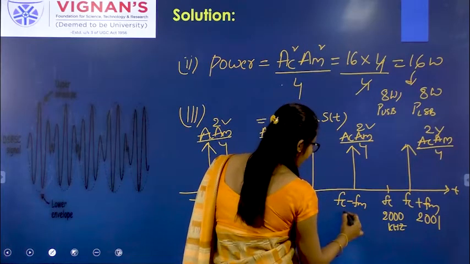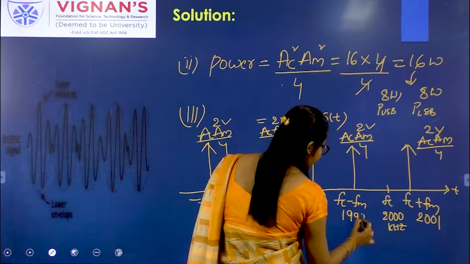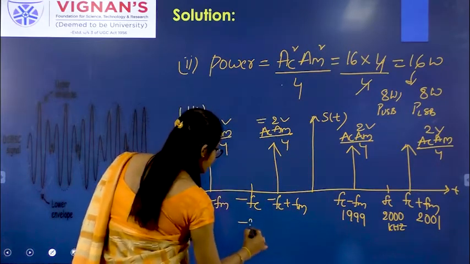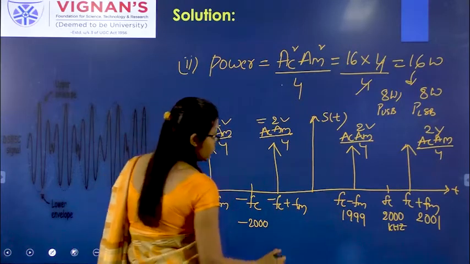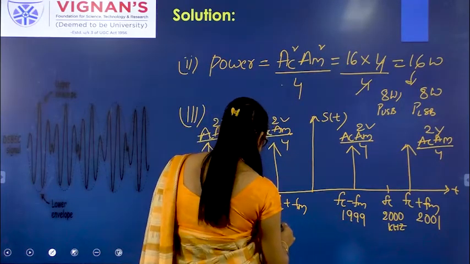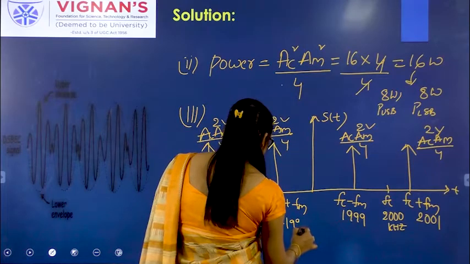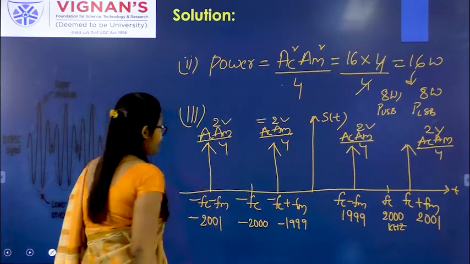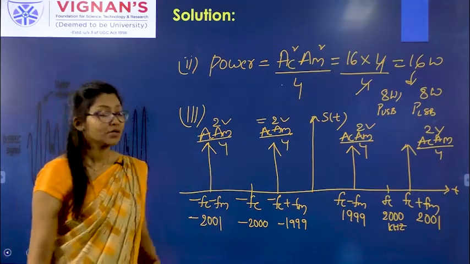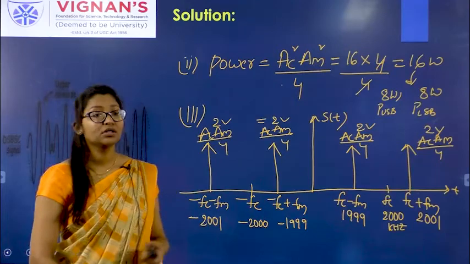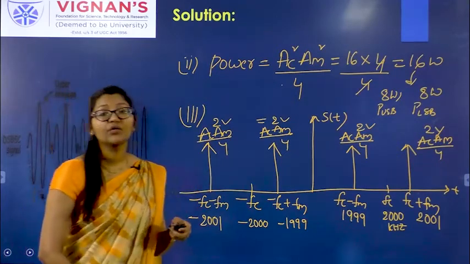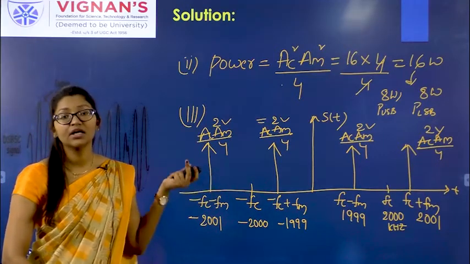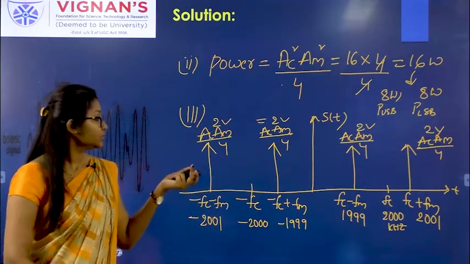And here if it is minus 1, 1999. And the same way minus 2000. Right? So this is the spectrum of the modulated wave. So likewise you can solve many problems by using the formulas of power, efficiency and FC, FM values.